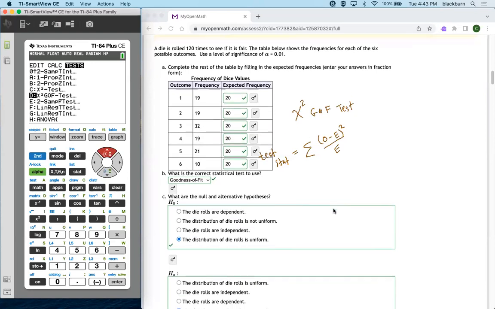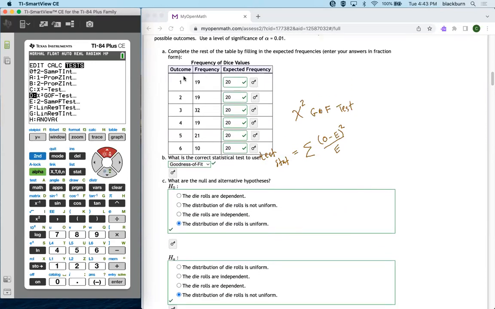So what I have to do to calculate this test stat is I have to calculate the observed value minus the expected value and then square it. So if I do observed minus expected for the first one, 19 minus 20, and then squared over the expected value, which was 20. And then this means sum, remember, and I have to add that to 19 minus 20 squared over 20 again.